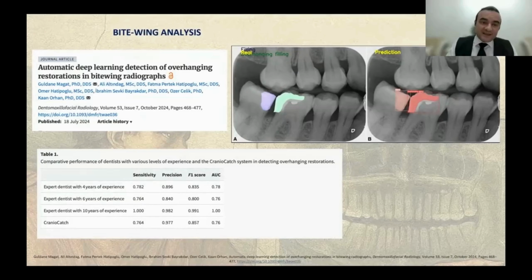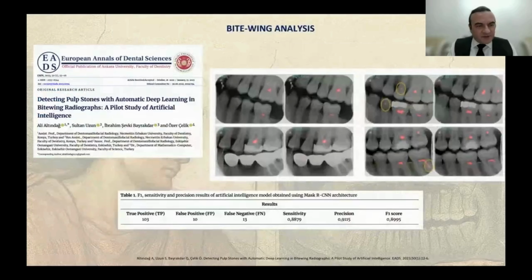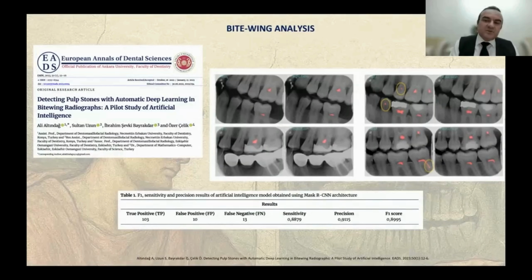And it's going to get better and better. Not just on dental restorations, but we can also detect pulp stones, which can sometimes be problematic for root canal treatment.